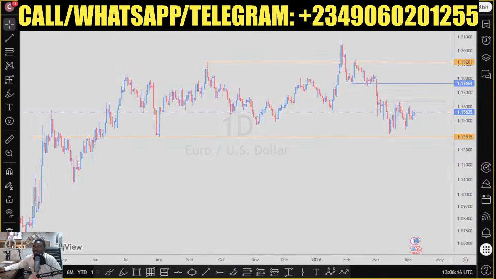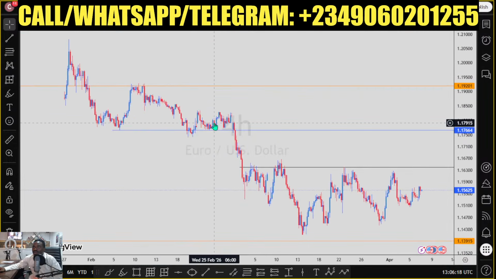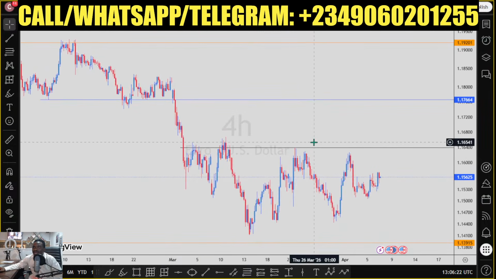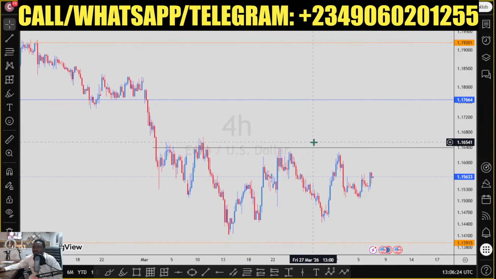So from the 4-hour chart, this is what we have. Market is bearish. Now tell me, a trader in his or her right sense wouldn't want to take any trade right here in the middle. The best zone to look out for trade is at this extreme top or extreme bottom.